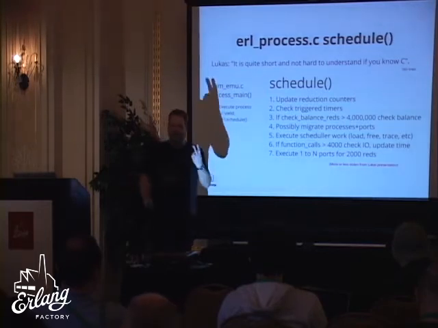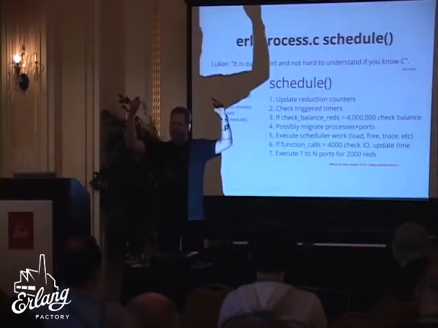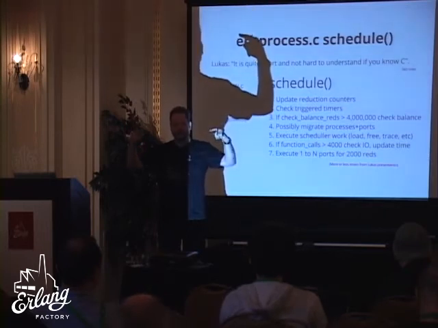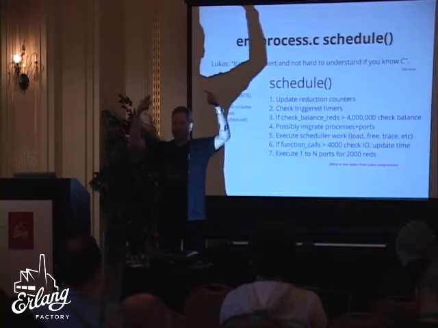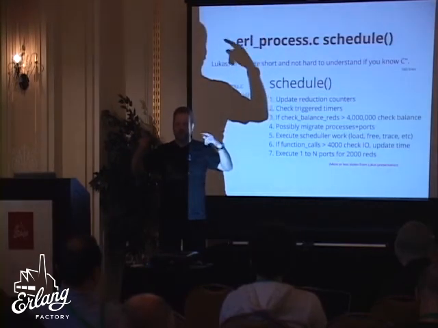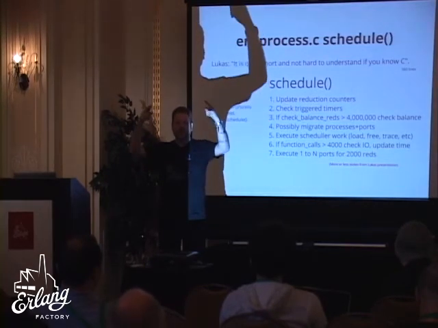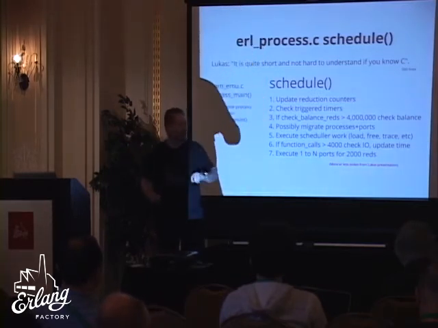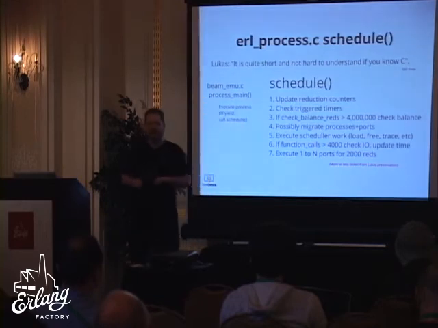But if you run 2 schedulers and they each get to run for 2,000 reductions, that means the total has been 4,000 reductions. So actually, for every 2,000 reductions, you will do a check IO in time, so to speak.